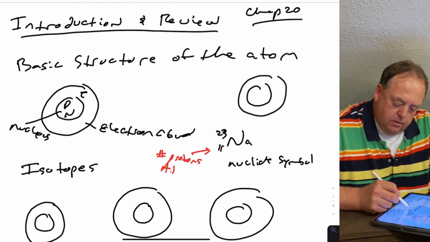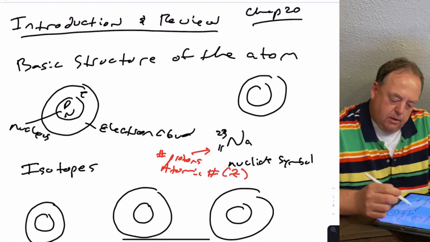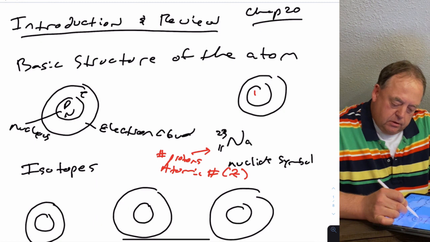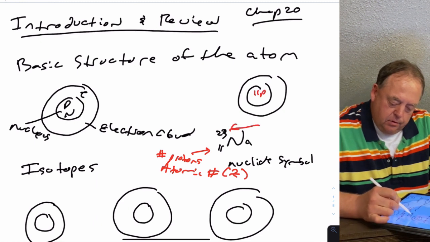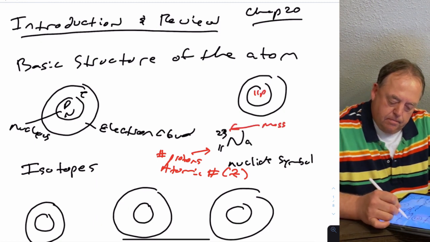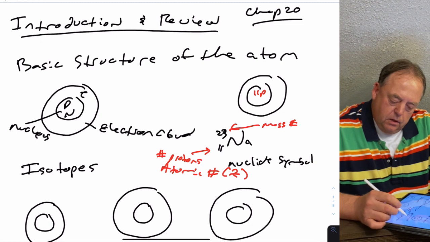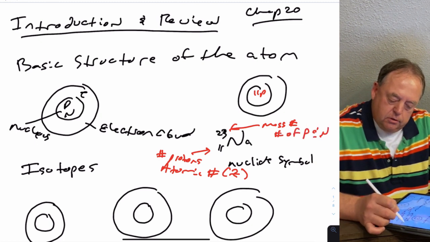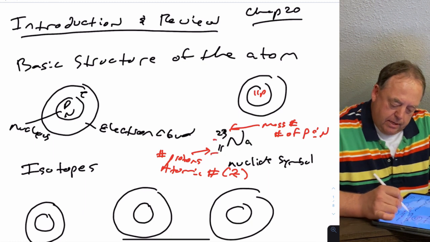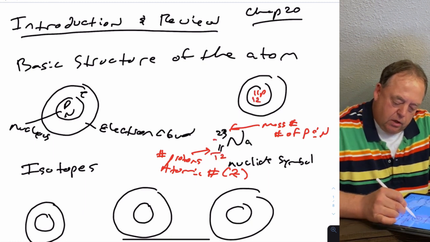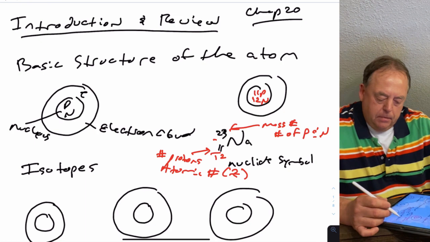It's the atomic number, given the symbol Z. And so 11 protons in the nucleus, and the top number is the mass number, which is the number of protons and neutrons. So 23 minus 11 is 12, so there would be 12 neutrons in the nucleus of the atom.